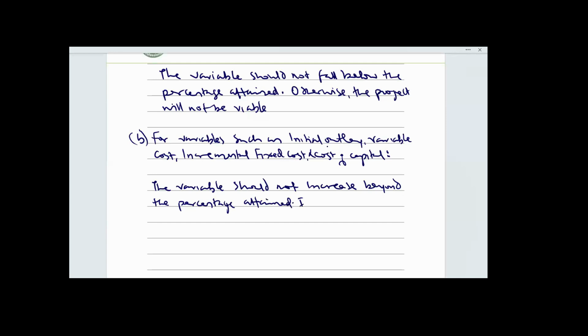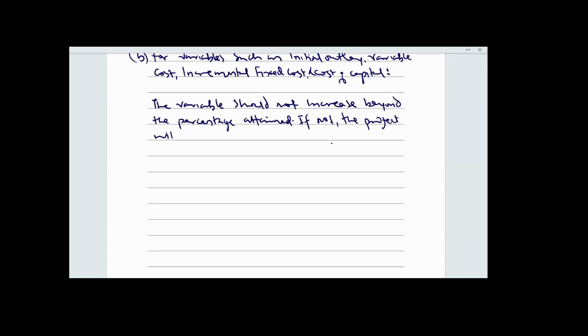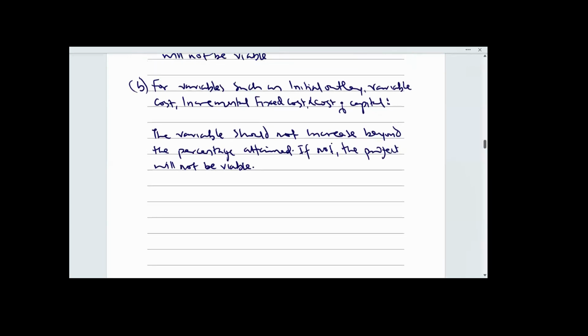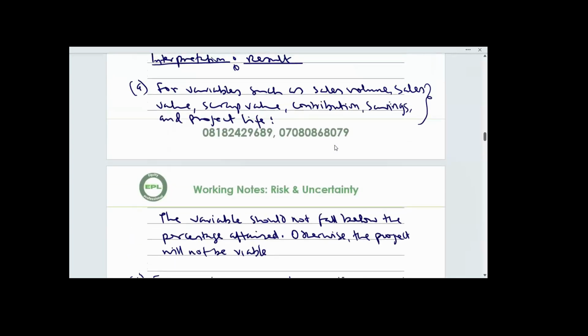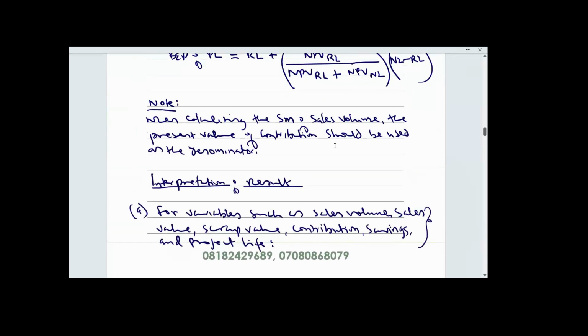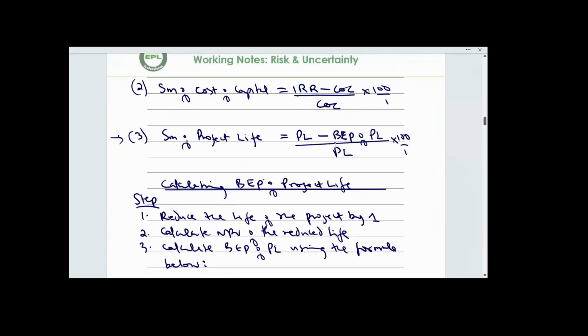If not, the project will not be viable. Okay, so that's the interpretation for the second one. So these are the two ways in which you can interpret your sensitivity margin computed. All right, so please master them. That's all about sensitivity margin. These are all the things that you need to know as far as sensitivity analysis is concerned.